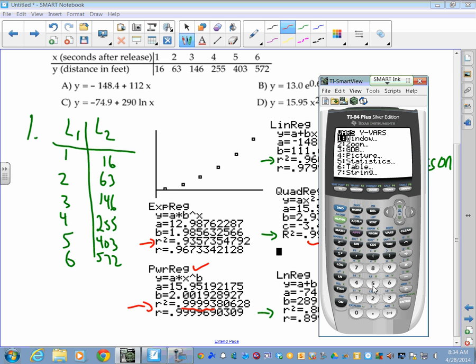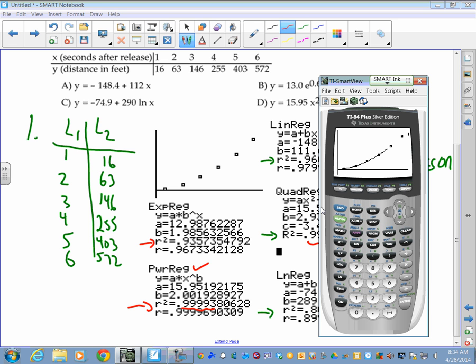Vars, stats, EQ, regression equation. It puts it in there for you. It should pop up into Y1. Did it? Then you press graph.